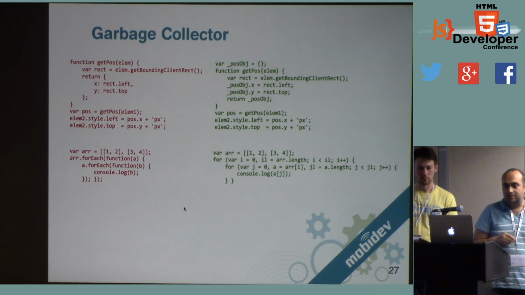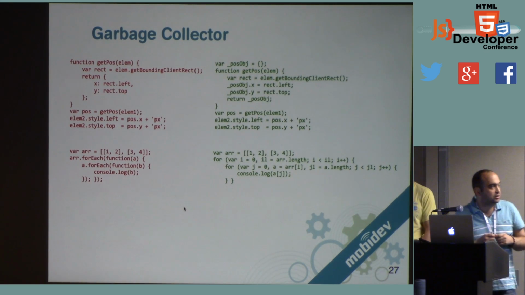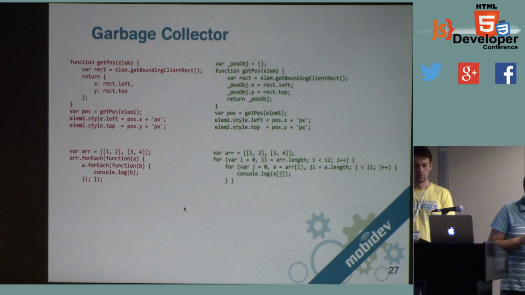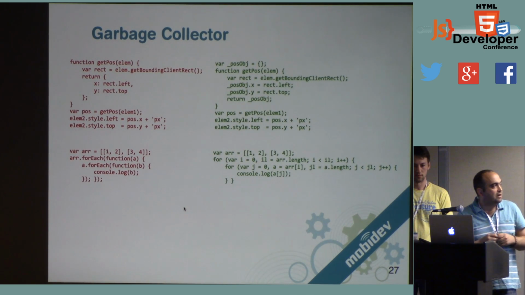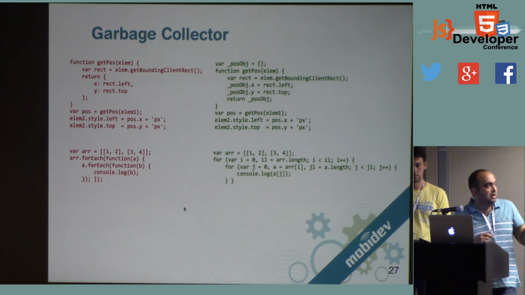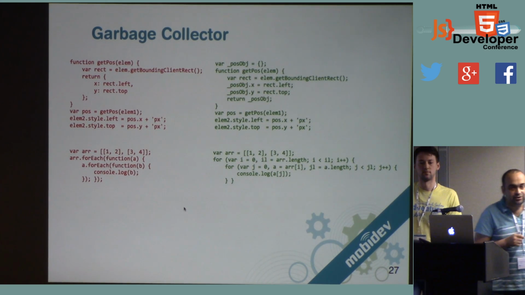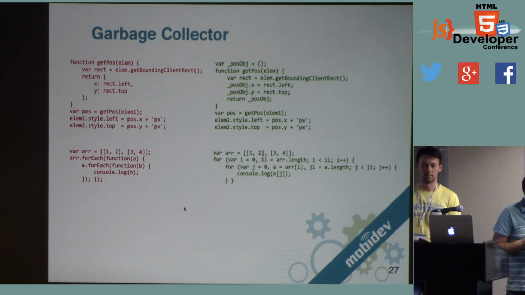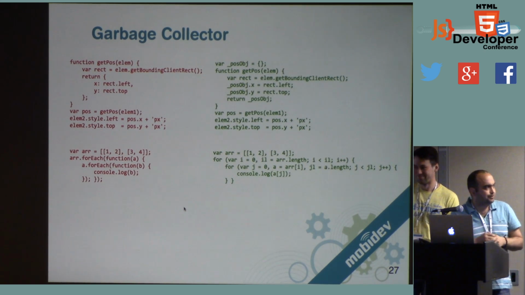And the second example is for a very popular JavaScript function, forEach, and in this case we have garbage because in every iteration of this function we create an anonymous function.